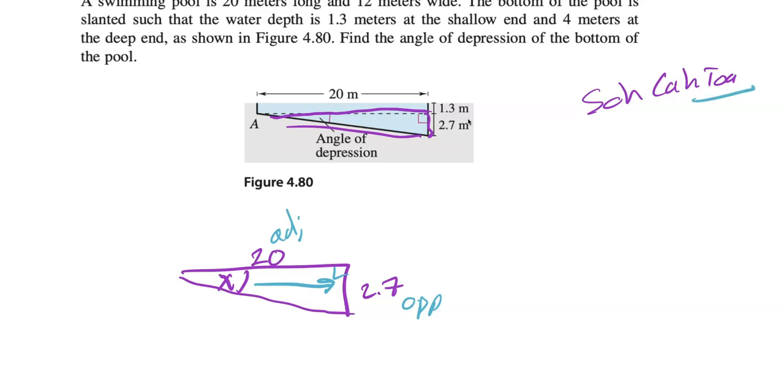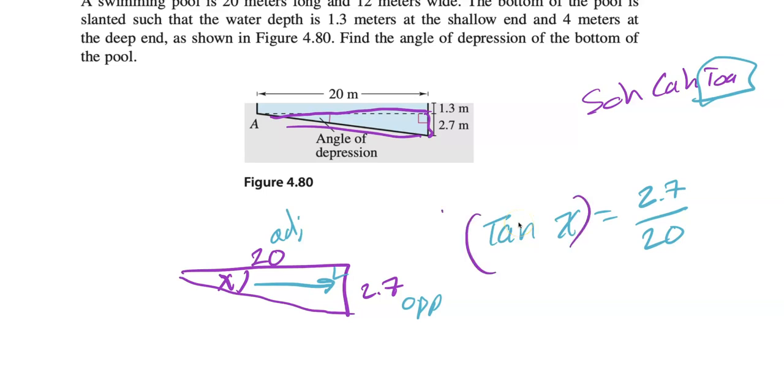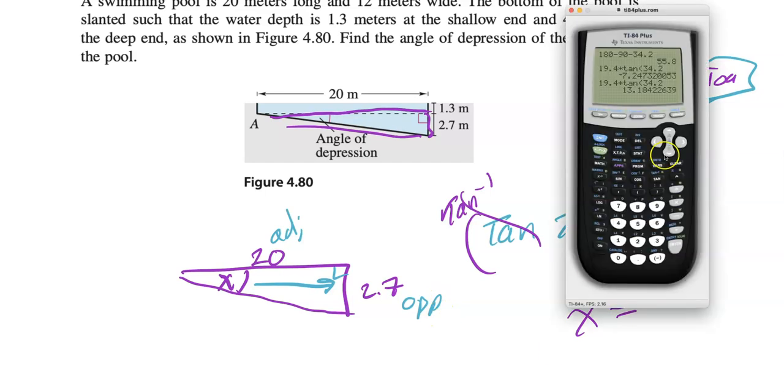So this should be tan, TOA, and tan of x equals opposite 2.7 over 20, like that. And to get rid of the tan, we're going to do inverse tan, or arctan, right? Same thing. Tan negative 1, tan negative 1, x equals, put this into our calculator.